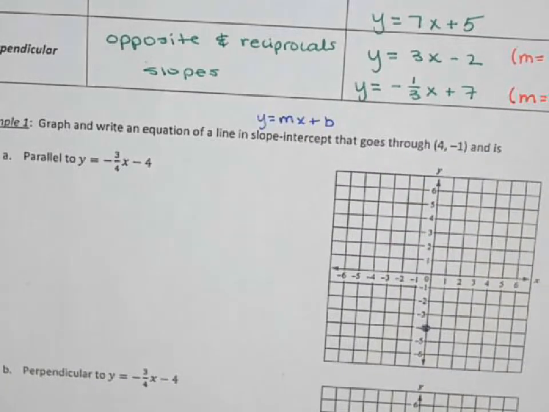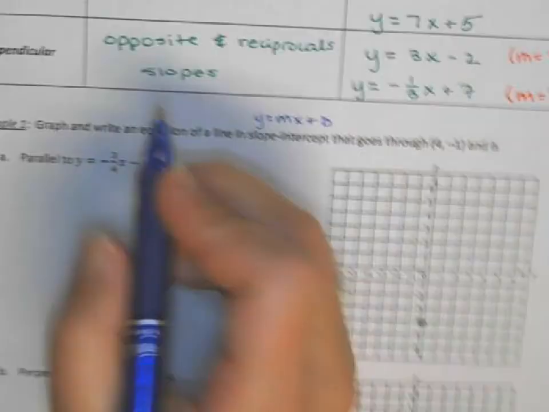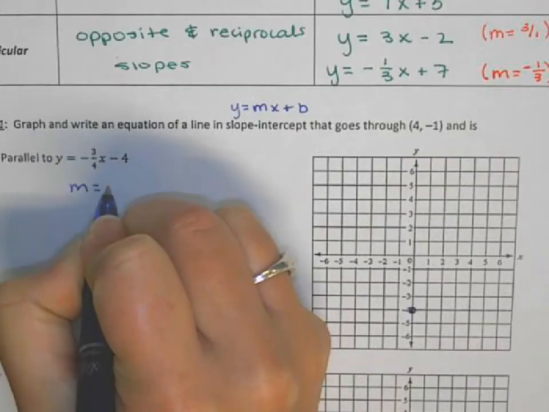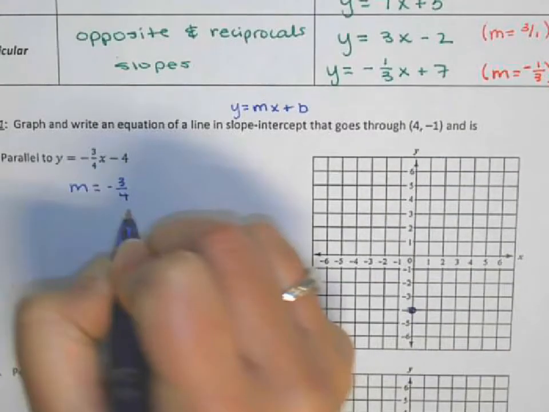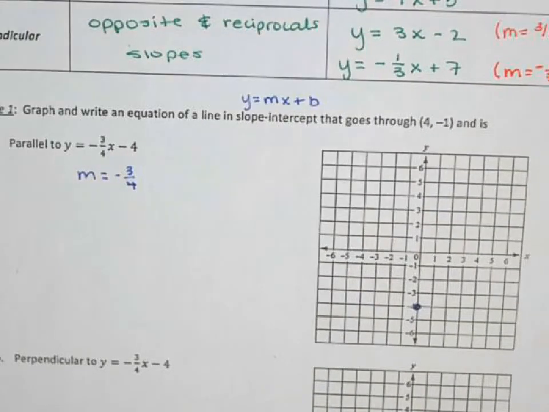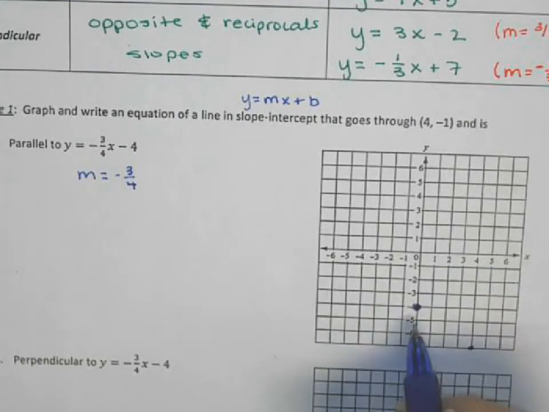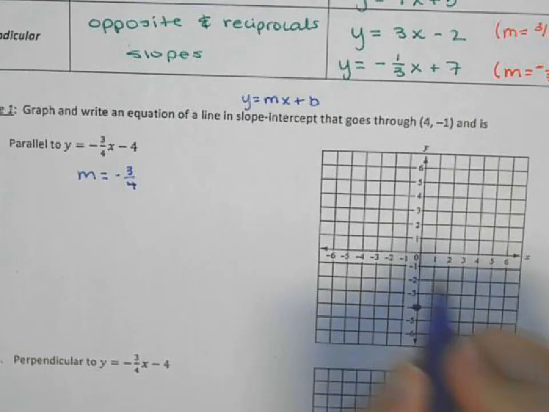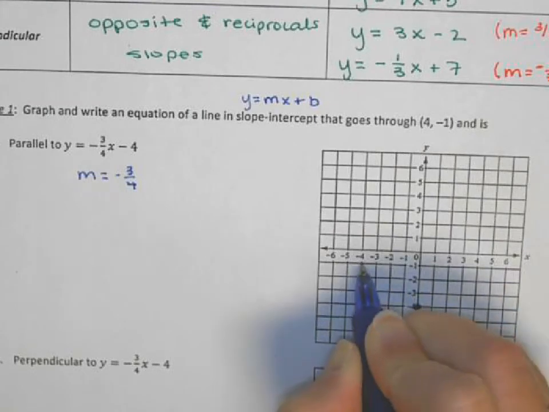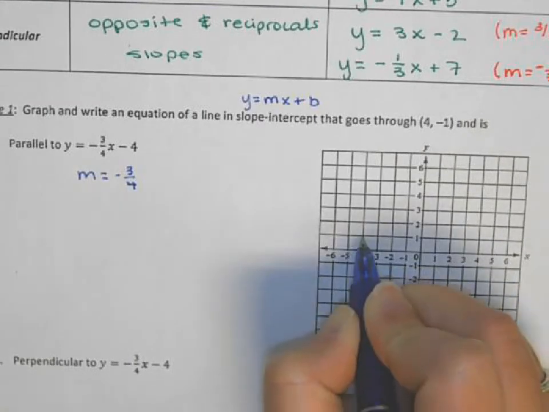And then how does my graph move? How does that line move after I plotted that first point? What does my slope say it is here? So how does the slope -3/4 move? Down 3, right 4. And it looks like my scales are just 1, so I can count down 3, right 4. I'm going to go in the opposite direction, up 3, left 4, and I'm going to keep going, up 3.